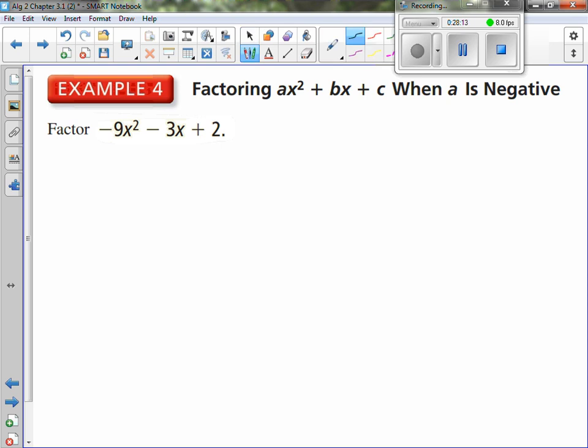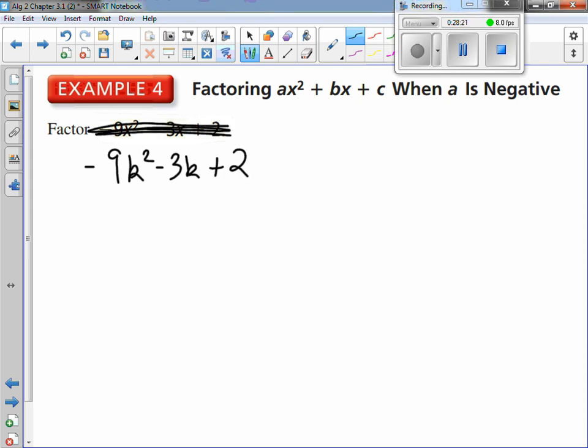Let's do that. Let's say this here is negative 9k squared minus 3k plus 2. Is it any different? No. So what would be our first step here?